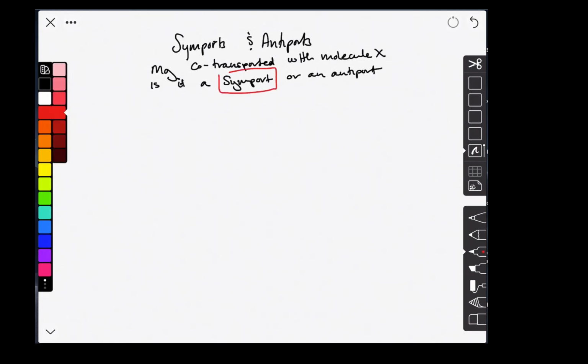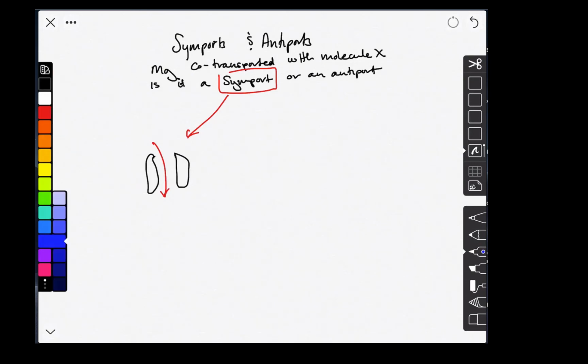So symport, all of you so far have been able to tell me that with a symport, the molecules are moving in the same direction. And one of these molecules is going to be magnesium, and the other one is going to be molecule X. But here's the thing.